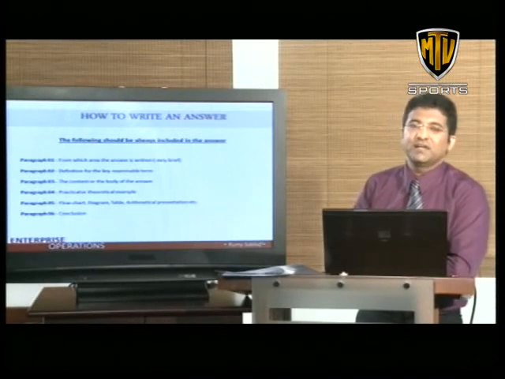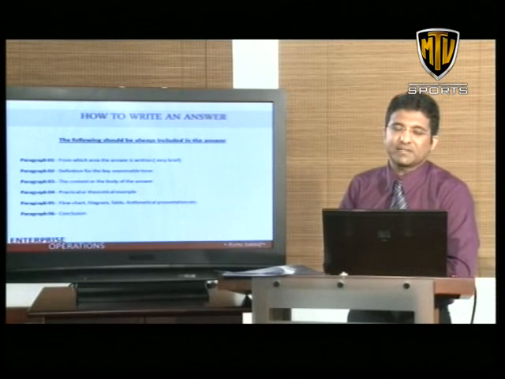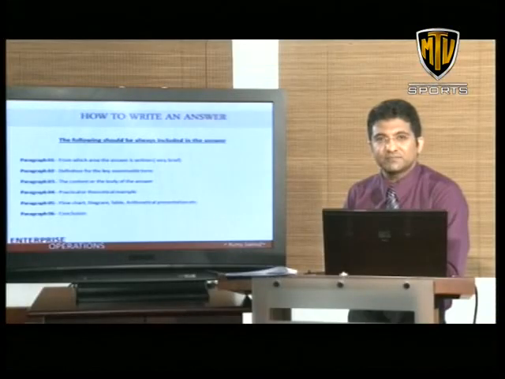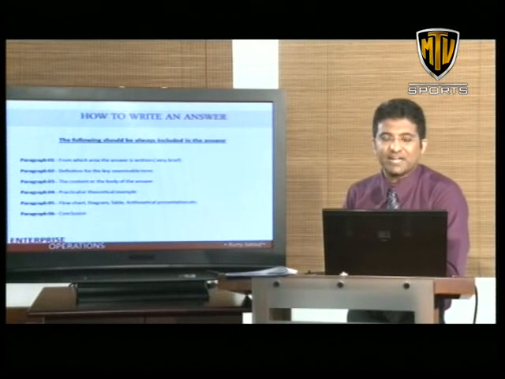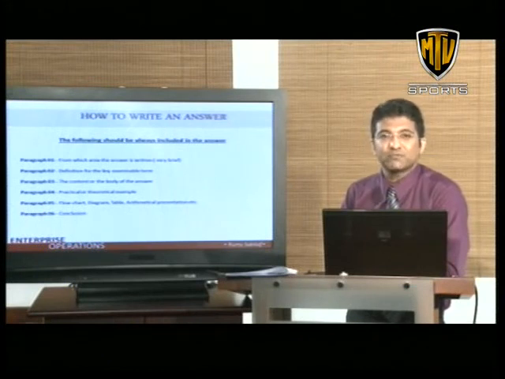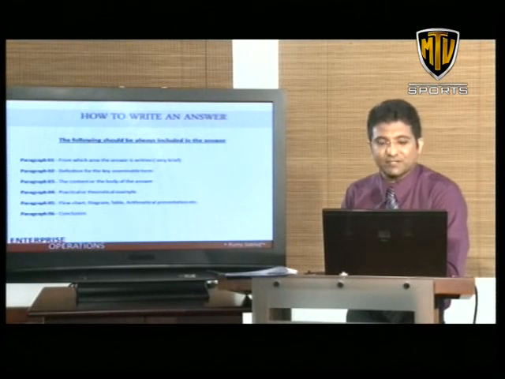Certain questions involve flowcharts, diagrams, tables, or arithmetical presentations. For example, in operations management there are lots of these, such as Six Sigma, which involves standard deviation, and Porter's value chain analysis, which is a flow diagram.